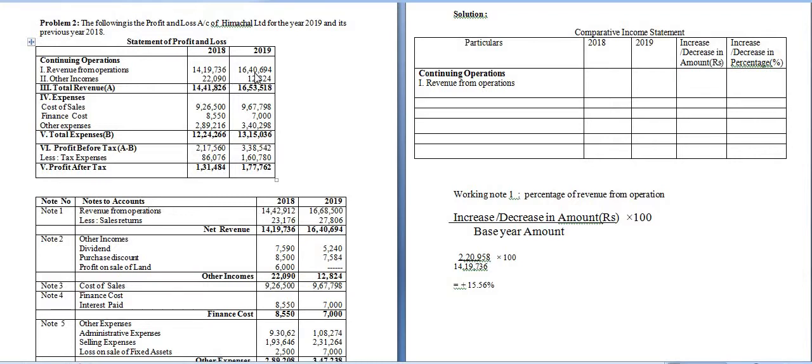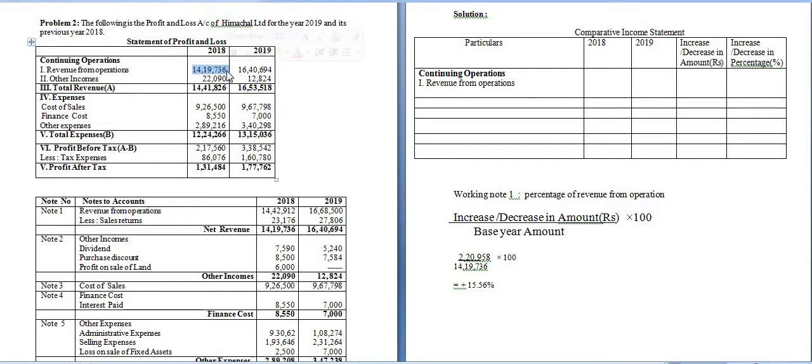And for 2019, net revenue is 16,40,694. How has this net revenue come? By deducting sales returns, that is 27,806 rupees, from the gross sales of 16,68,500. Now write the amount of both the years here in the solution.